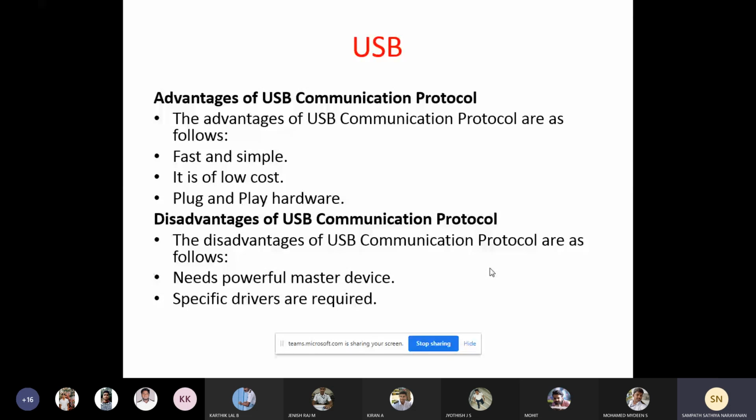Each USB device will come with a device driver routine, so that once we connect it, the device driver will be installed in the host controller, and the data is ready to be transmitted from the host computer. That is why these device driver routines are required in universal serial bus.